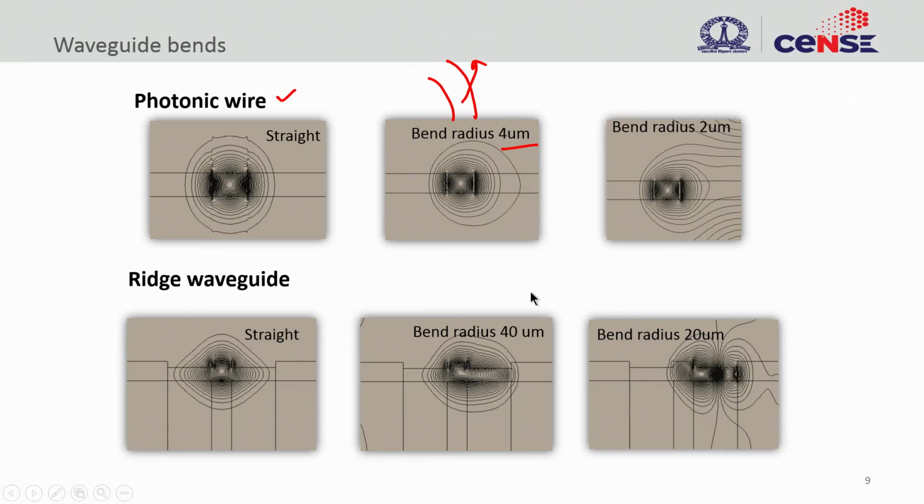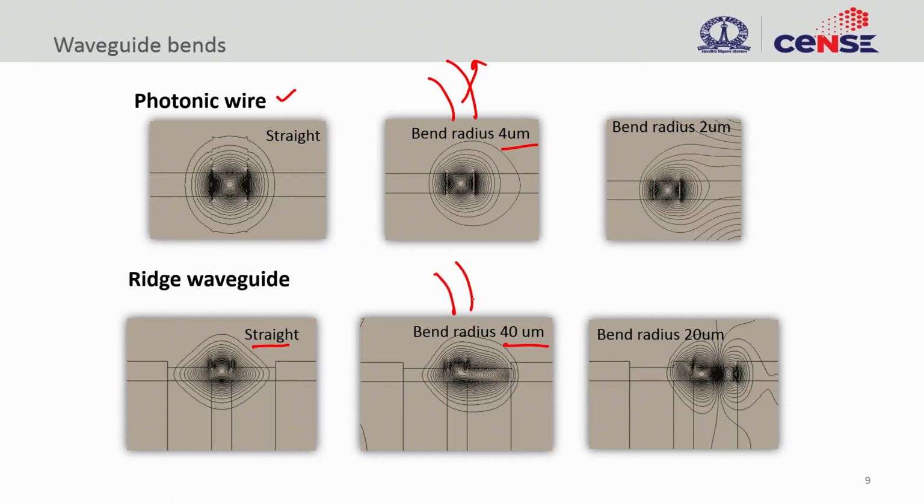Let us look at the ridge waveguide. The straight waveguide for a ridge looks something like this, where you have a nicely confined electric field. Now if you look at the bend waveguide, which has a 40 micron bending radius, one order higher, even with that you can already see the mode is asymmetric and moving towards the right.